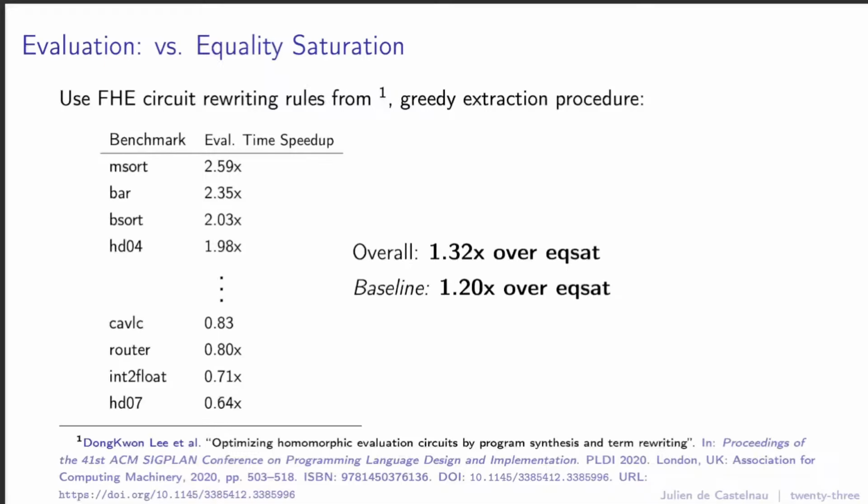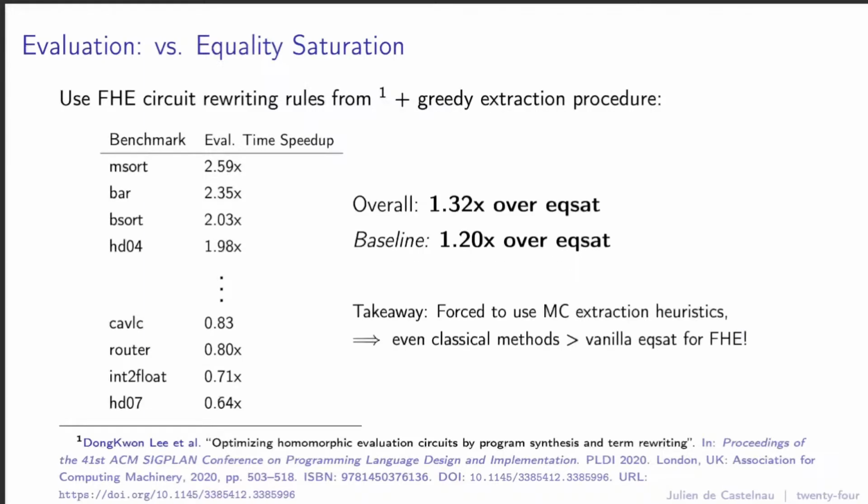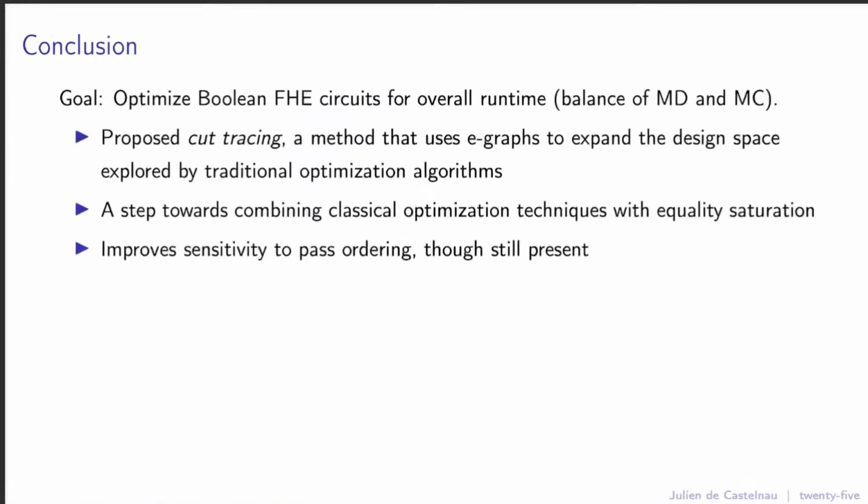So equality saturation ends up being worse than just the baseline. And in general, that mainly comes from the fact that we are forced to use a suboptimal extraction instead of ILP here, which won't actually accurately estimate MC. And so then even the baseline finds an improvement because of this.